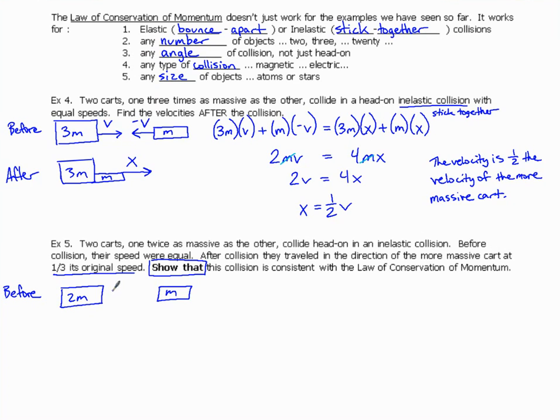They are both coming towards each other, and it says their speeds were equal. So this one has velocity v. The second cart is in the opposite direction, so the sign is opposite, but the speed is equal, so negative v.